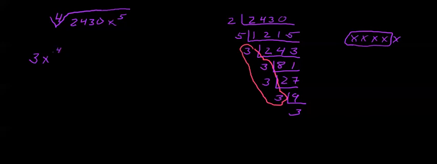The fourth root. And 2 times 5 is 10. Times 3 is 30. And there was 1x left over. 30x. That's my answer.